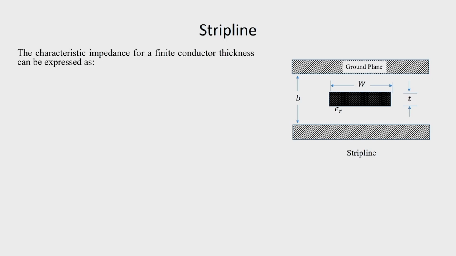So, we have seen the characteristic impedance for the strip line when the conductor thickness is 0. Let us now consider the characteristic impedance of strip line when we have finite conductor thickness.